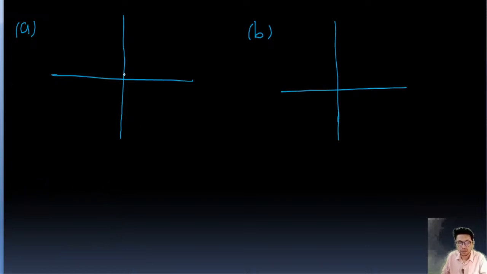In graph A, this is given like this. Not taking exactly, so I'll make it like this.